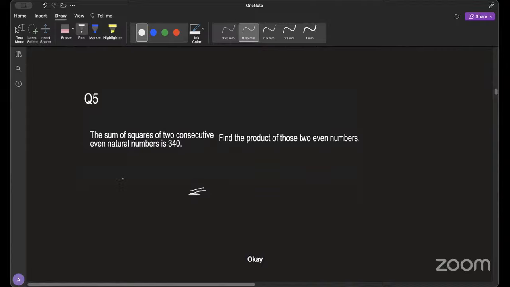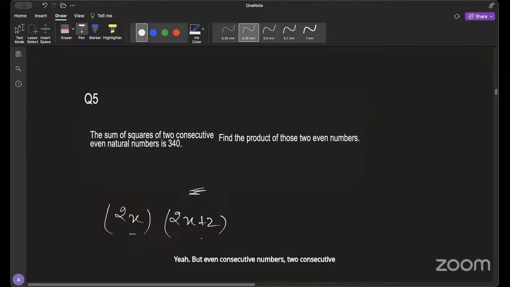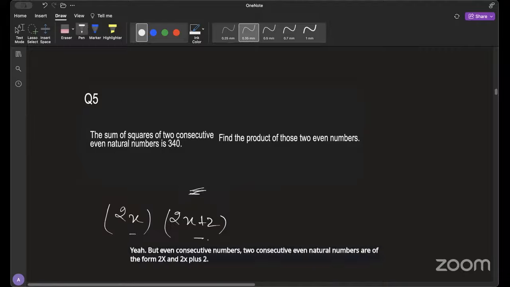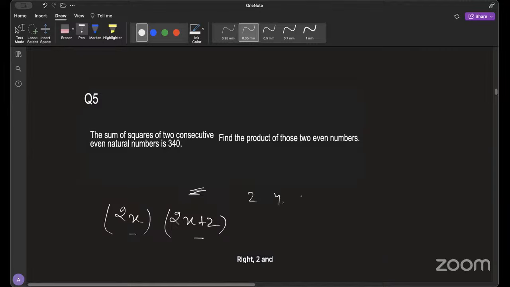Okay. For this question, sum of squares of two consecutive even natural numbers. So let's take 2x and 2x plus 2 for even consecutive numbers. So two consecutive even natural numbers are of the form 2x and 2x plus 2, like 2 and 4, 6, 8.